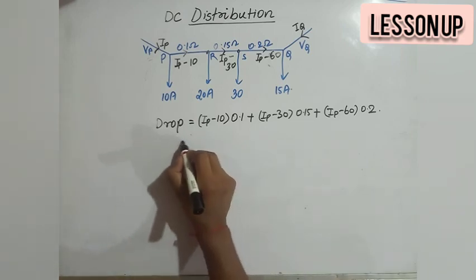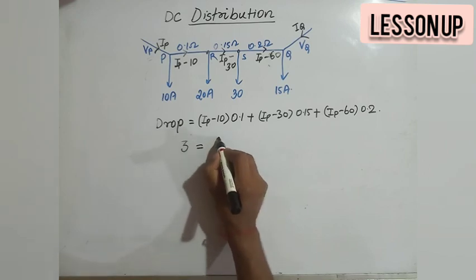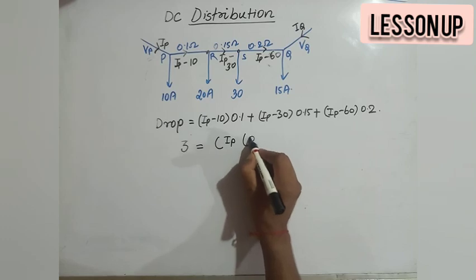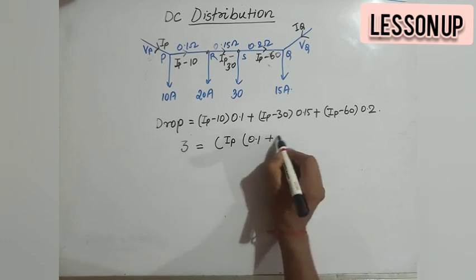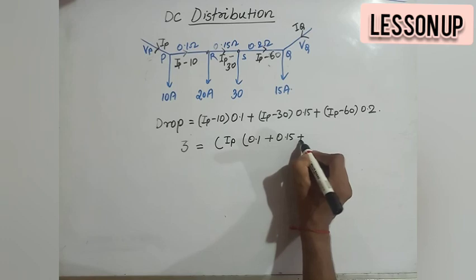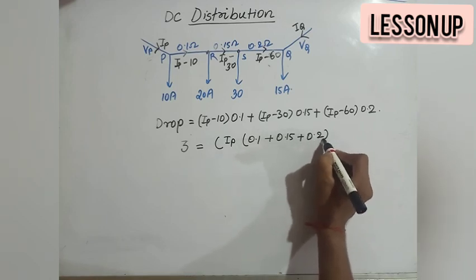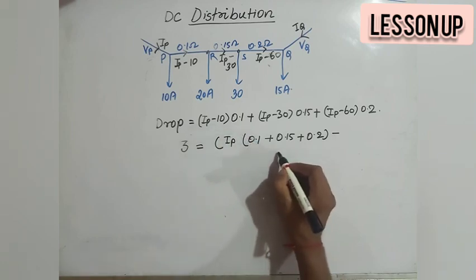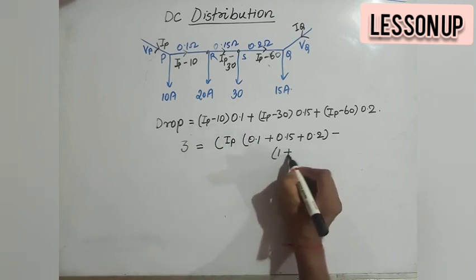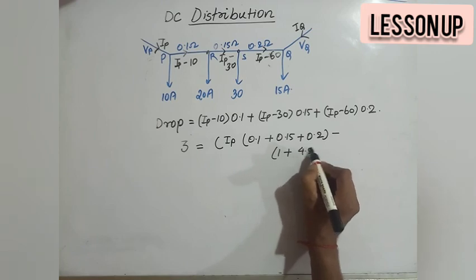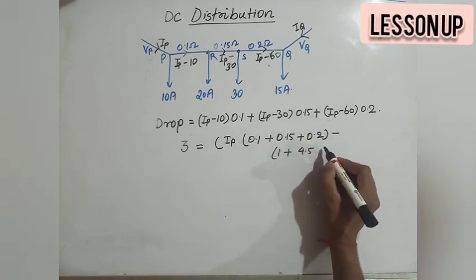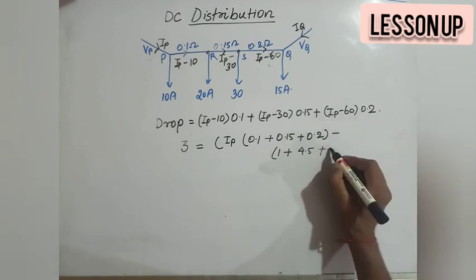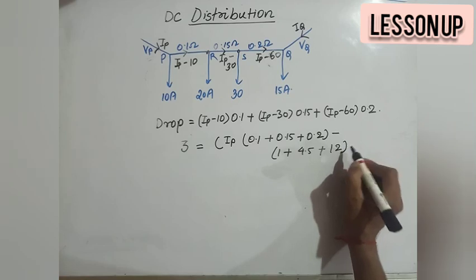Now the drop is given 3 volt and IP into 0.1 plus 0.15 plus 0.2, minus 10 into 0.1, that is 1, plus 30 into 0.15, that is 4.5, plus 60 into 0.2, that is 12.